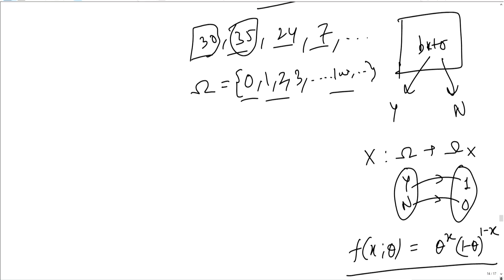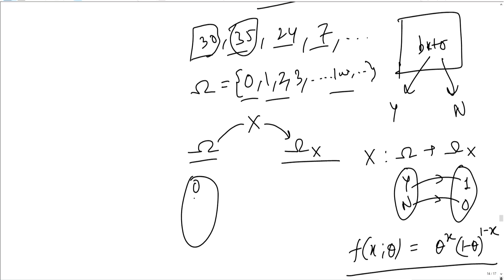So what you can do in this situation is define a random variable X such that it maps omega to omega x, which is the same as omega. So basically it is mapping to exactly the same values, right?